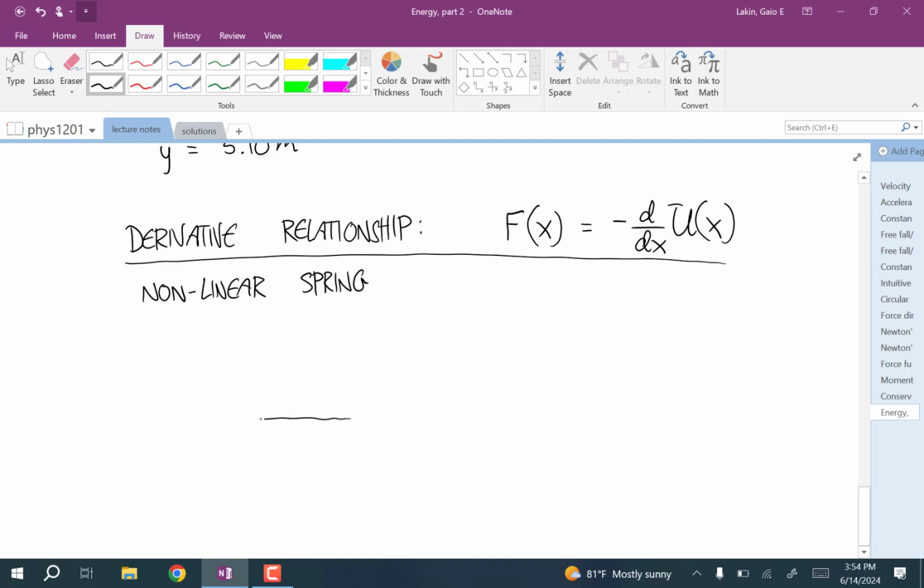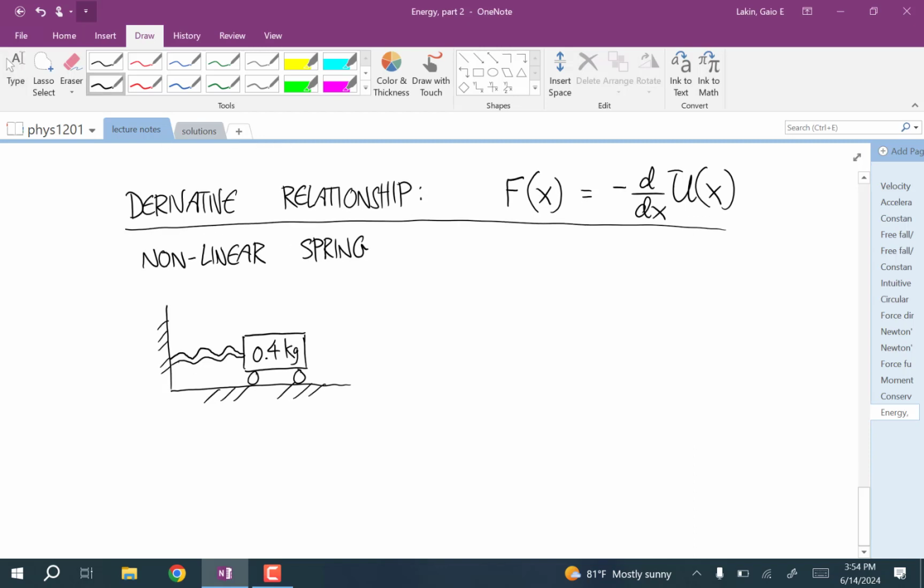So let's say we have a system like this. And we have a cart. Let's say this cart has a mass of 0.4 kilograms. And I'm going to just draw something funny for this spring to make it clear that this is not the kind of spring we've been using.